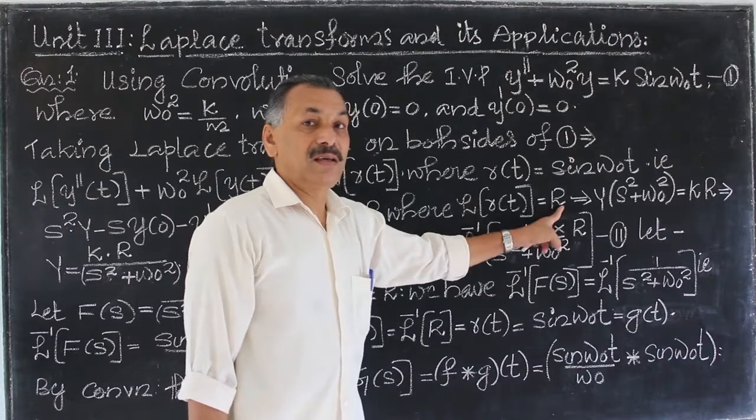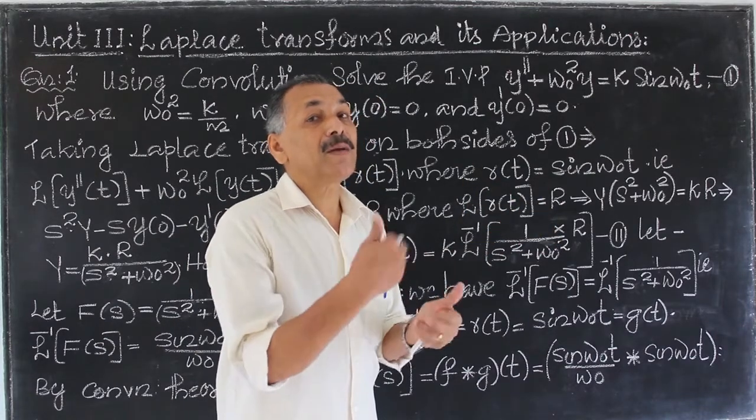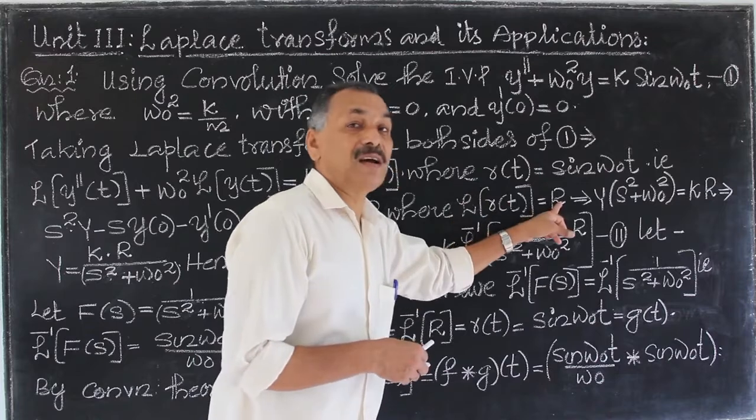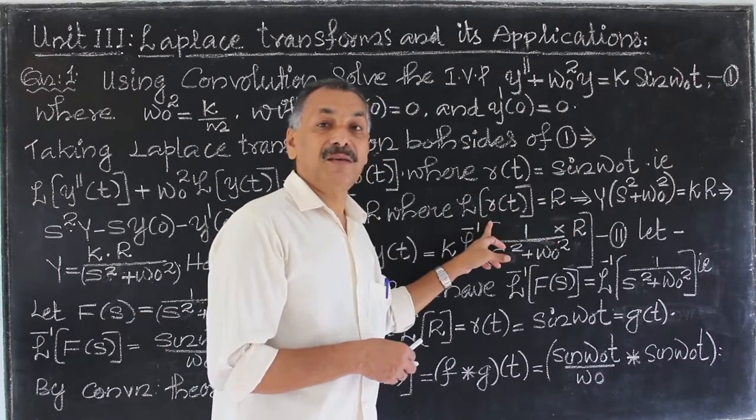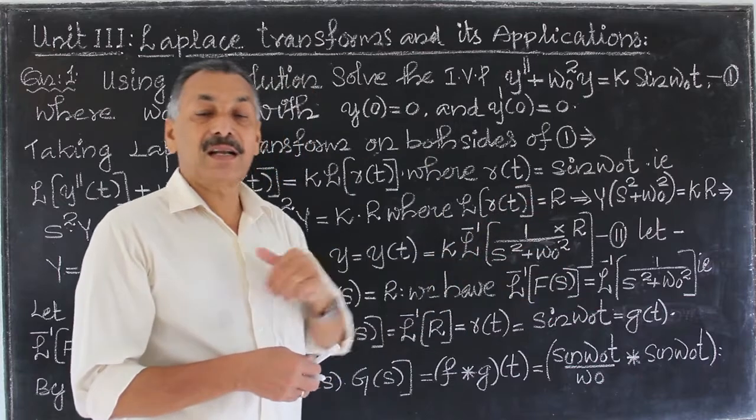അതുകൊണ്ടാണ് ഇവിടെ നമ്മൾ എന്ത് ചെയ്തത് L inverse of small r is equal to capital R. Convolution property apply ചെയ്യുമ്പോൾ എന്ത് വേണം? L inverse of capital R വേണം. വീണ്ടും small r ആയിരിക്കും. അന്നേരം sin omega t-യുടെ ട്രാൻസ്ഫോം കൊടുക്കുക. വീണ്ടും അതിന് ഇൻവേഴ്സ് എടുക്കേണ്ട കാര്യമില്ല.